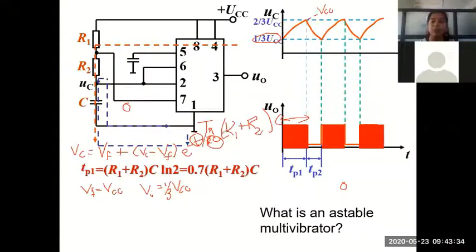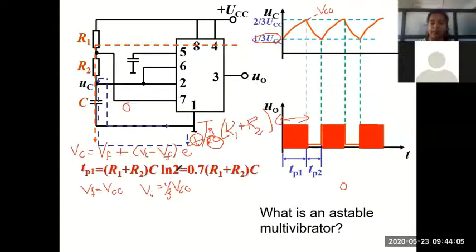If you substitute these values, and for small t you put TP1, the duration of the logic 1 pulse, and for RC we substitute the charging time constant R1 plus R2 into C, then the expression for TP1 becomes something like this. Just like yesterday, if we substitute and simplify, you'll get (R1 plus R2) into C ln of 2. Yesterday we got ln of 3. Here we'll get ln of 2.